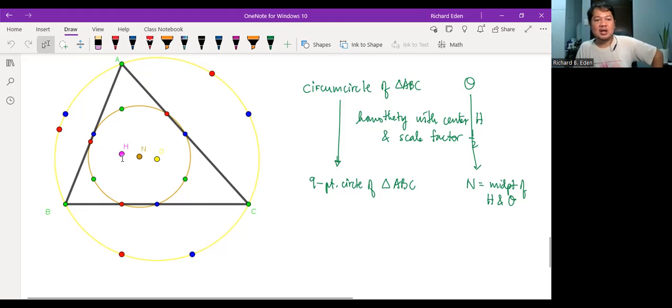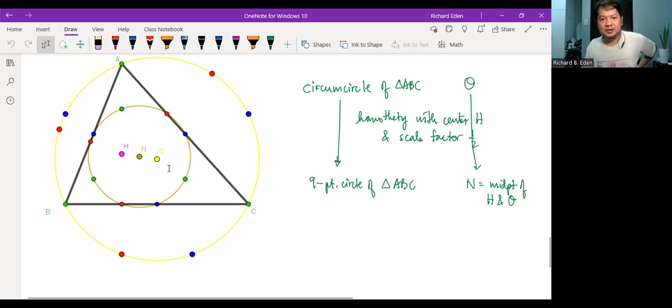Then we also get a bonus: the center of the circumcircle is O, and if N is the center of the 9-point circle, then H to N results from a 1/2 homothety from H to O. So that means N is collinear with H and O, and furthermore, it's halfway between H and O. So the center of the 9-point circle N is in fact the midpoint of H and O. The line through them is the Euler line.